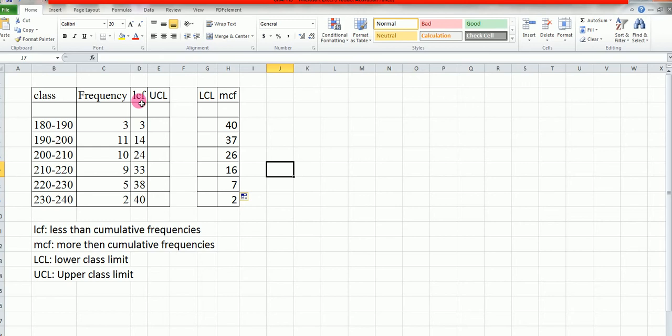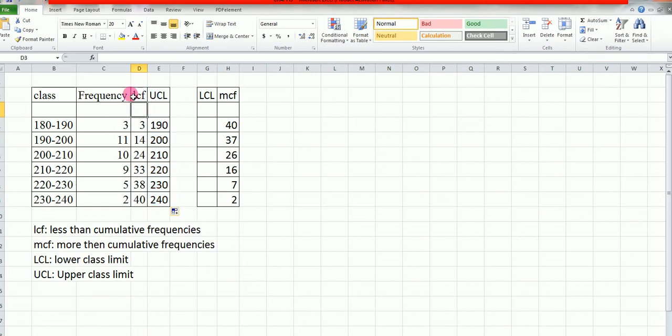Now LCF curve is obtained by plotting less than cumulative frequencies against upper limit of the class. Now upper limit of first class is 190, second class upper limit is 200, and I will drag this. So these are the upper limits of the class.